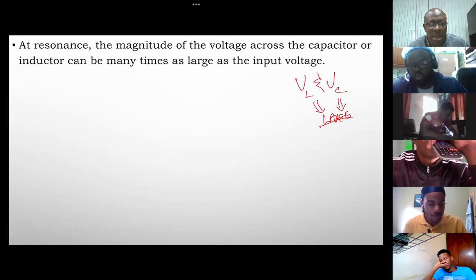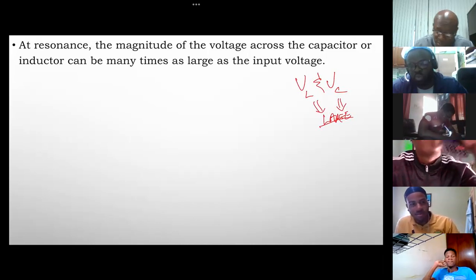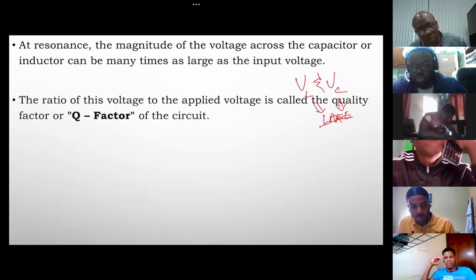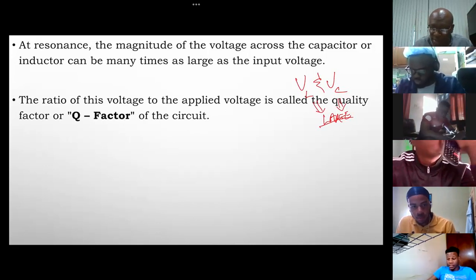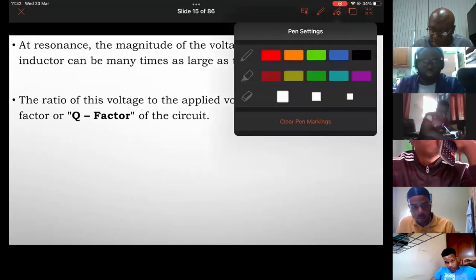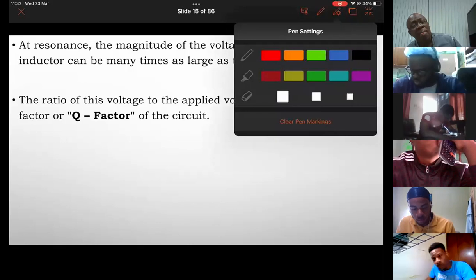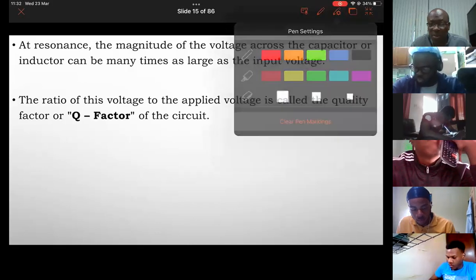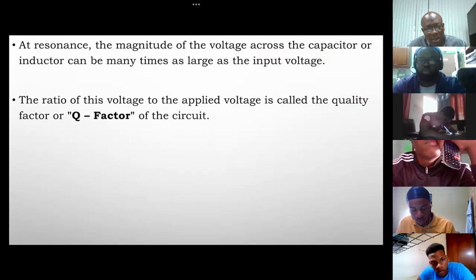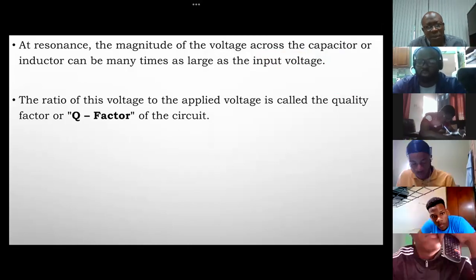We look at that ratio of the voltage across L or C with respect to the supply voltage, and that ratio we refer to as the quality factor.